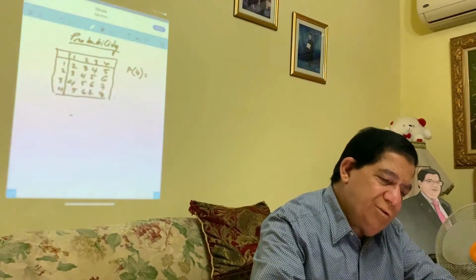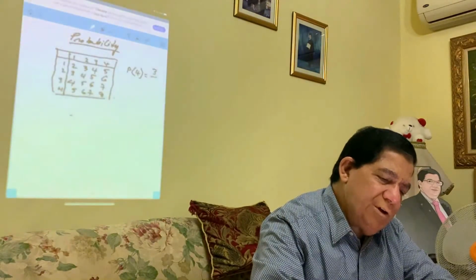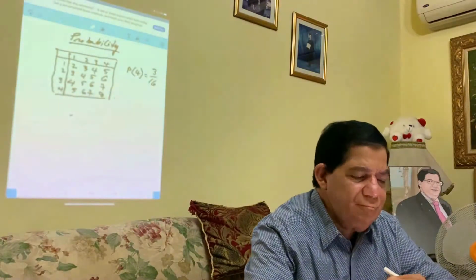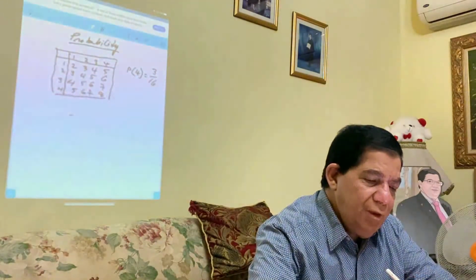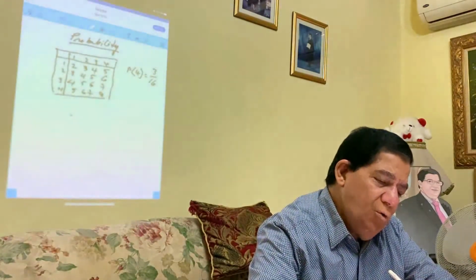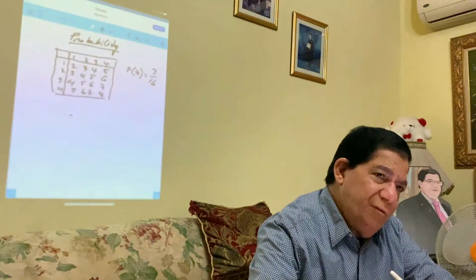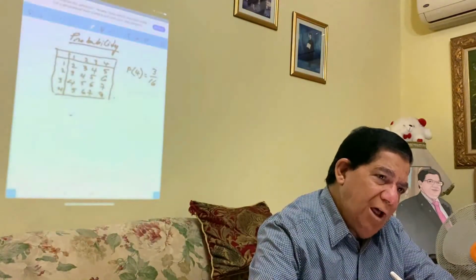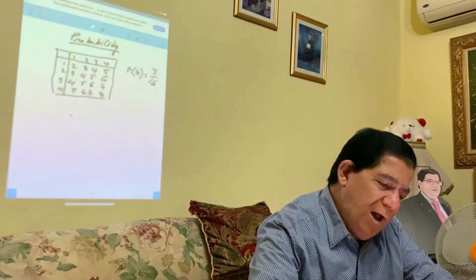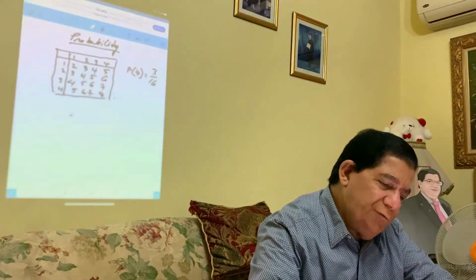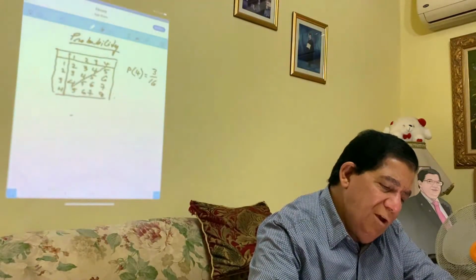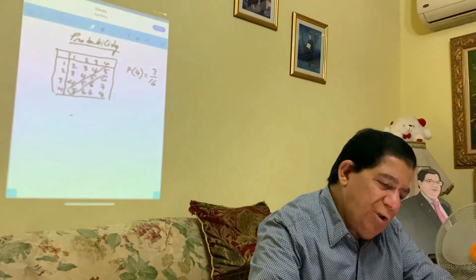So we write 3 over 16. If I ask you which event would get the largest probability, you say to me 5, because the 5 occurred 4 times.